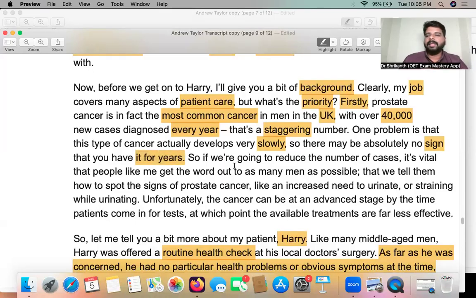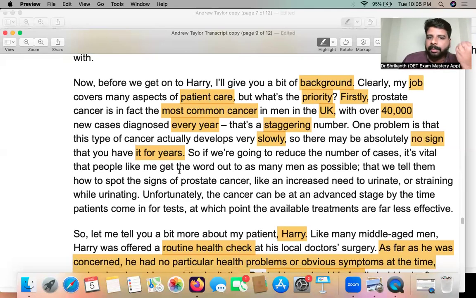So what is she telling? This is a disease that is very common. But the problem with this disease is that the development of the disease is very slow. So since it is very slow, in maybe the first year, the second year, the third year, there will be no sign, there will be no symptom. Right. For many years, there will be no sign or symptom in the patient.